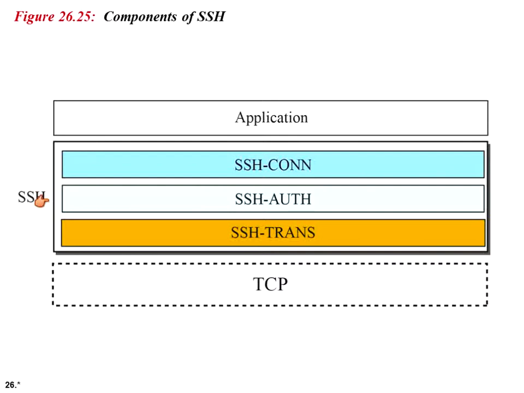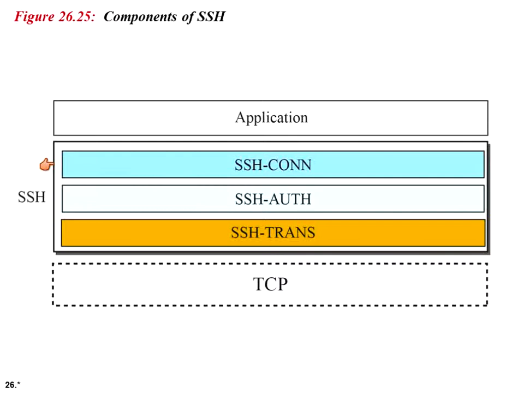And the next one is SSH Con. This is the SSH Connection Protocol. Now once the secure channel is established and both the server and the client are authenticated for each other, then SSH can call a piece of software that implements the third protocol, and this is called SSH Con.